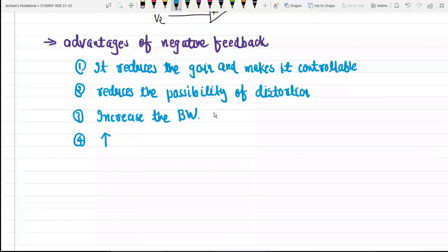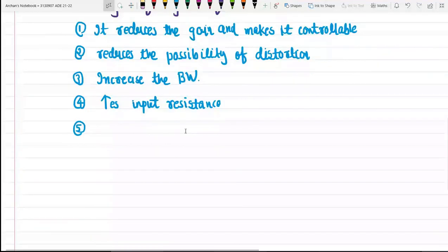To nullify the effect of loading, we must have very high input impedance, and negative feedback helps us increase the input impedance, as well as decrease the output impedance or resistance.